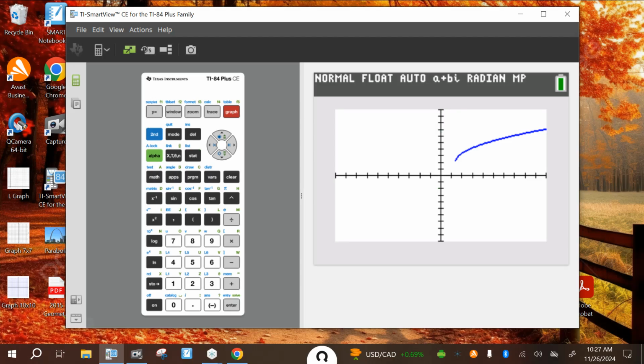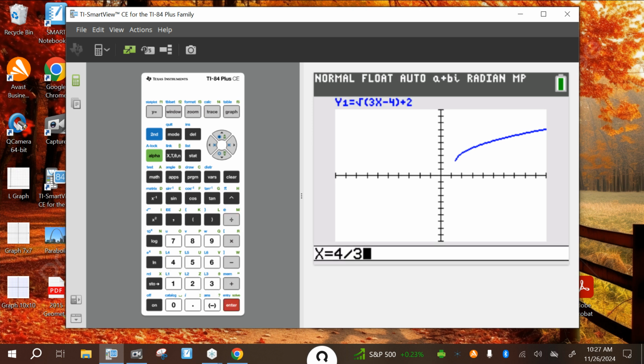I want to show you another little trick. If you go to your calculator and hit trace and type in x being 4/3, where is that on your graph? It's like our starting point, right? It's where that graph starts. Yeah, 4/3 is where you start, which is our starting point of this graph.